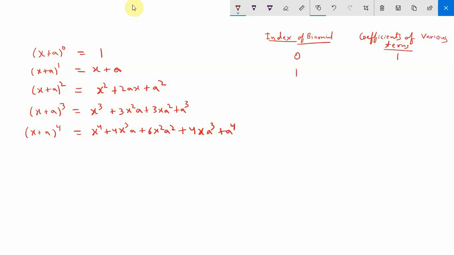For index 1, see, coefficient of x is 1 and a is also 1. Next, for index 2, first x square coefficient is 1, then it is 2, and again it is 1 for a square. For index 3, we have 1, 3, 3, 1. And for index 4, we can write 1, 4, 6, 4, and 1.